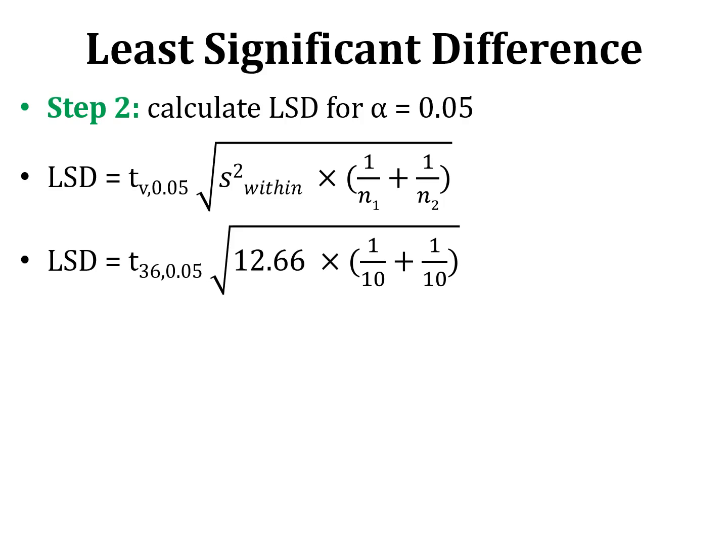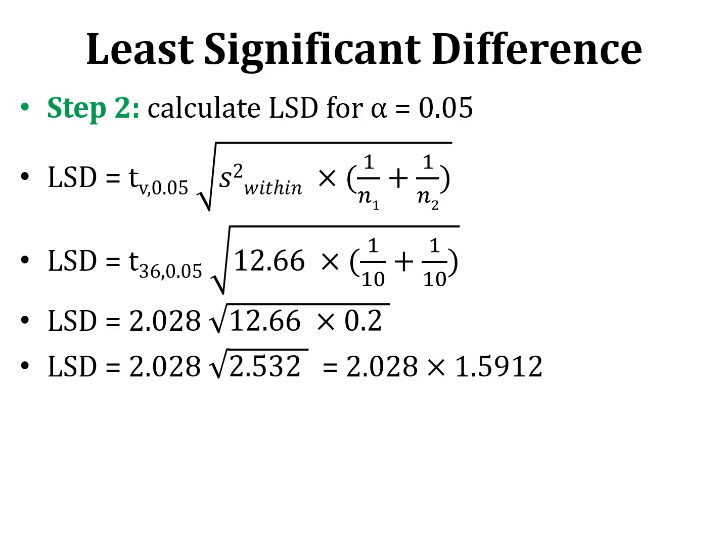So here we have the input, and now we are going to solve it. So 1 by 10 plus 1 by 10, we have 0.2. So this is to be multiplied by 12.66, which is variance within, and the t-value, which is taken from the t-distribution table at 36 degrees of freedom and 0.05 level of significance, we have 2.028. And remember, this t-value is taken from the two-tailed distribution.